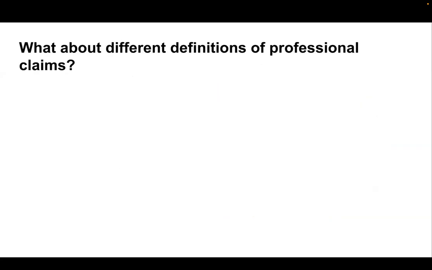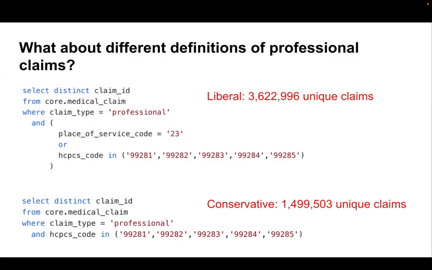So finally, remember in part 1, there was a huge discrepancy depending on the method we used to define ED visits and professional claims. We had these two definitions. This really strict or conservative definition that just looked at 9928x, and this much more liberal or less strict definition that looked at 9928x or place of service code equal to 23.